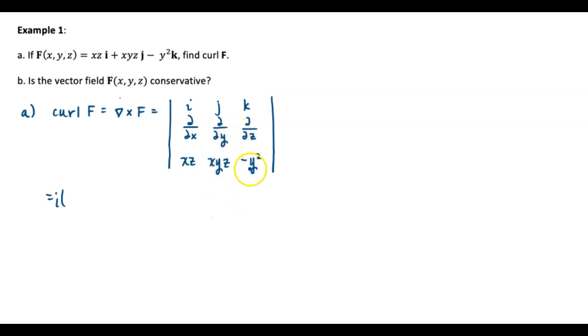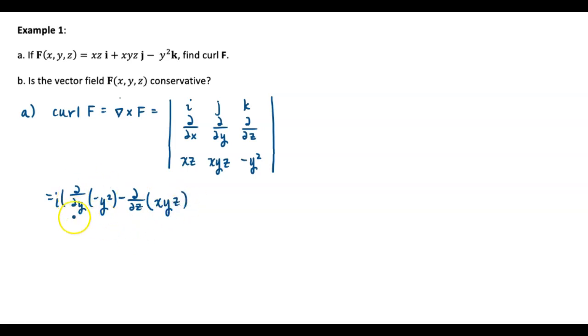So for our first diagonal, we get the partial derivative with respect to y of negative y squared, minus the partial derivative with respect to z of xyz.